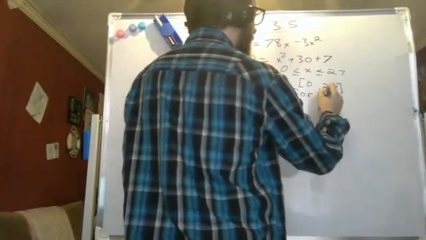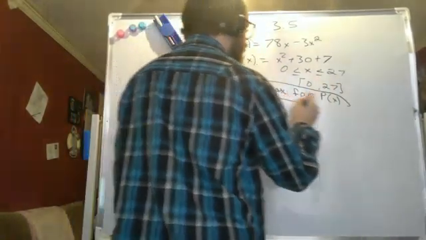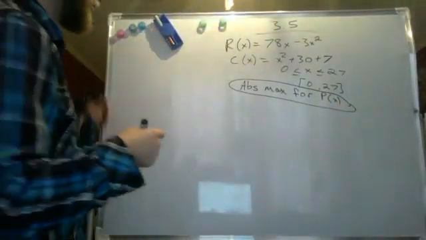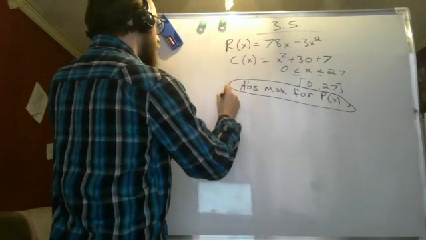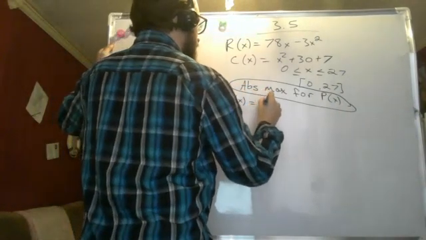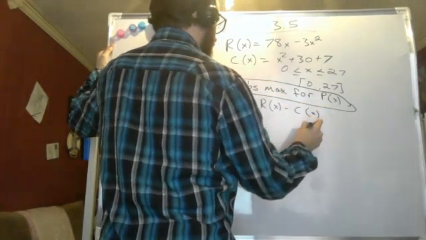But what is profit? P of x. Okay, there we go. That's what we're looking for. So how do we move forward? Well, we already know from previous lectures that profit is equal to revenue minus cost.